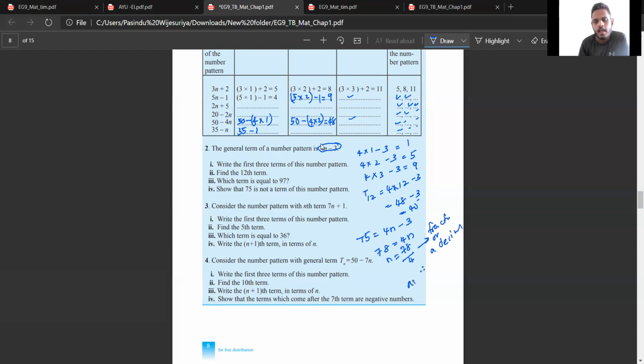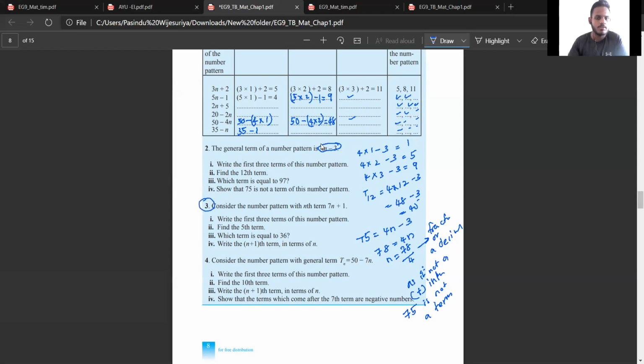Therefore, as it's not a positive integer, 75 is not a term. It would have to be a fractional term, which is not possible.